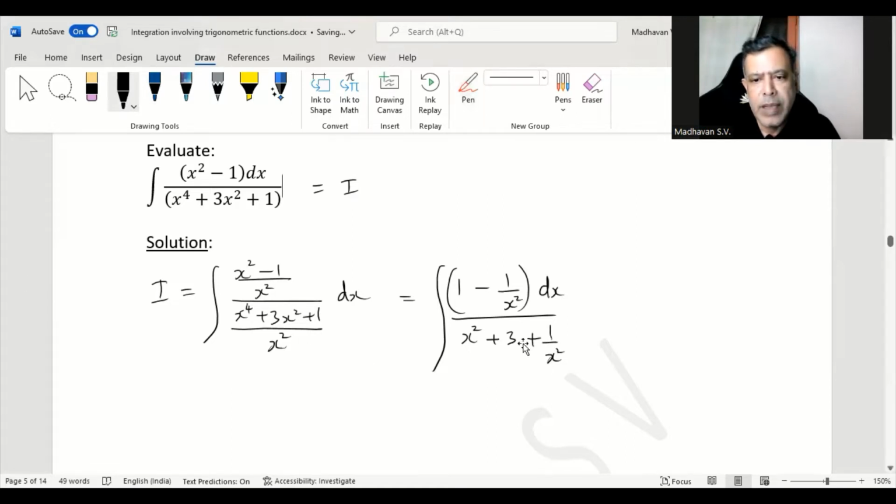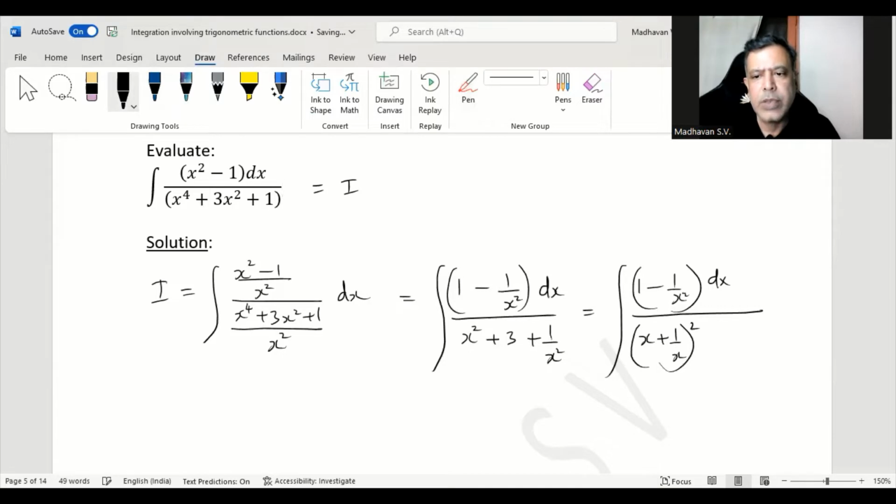Now we will make this denominator into a perfect square. So how do we do that? We'll write the numerator as it is, and then in the denominator, we will consider x plus 1 by x the whole square. Actually, if we expand this x plus 1 by x the whole square, we get x square plus 1 by x square plus 2.